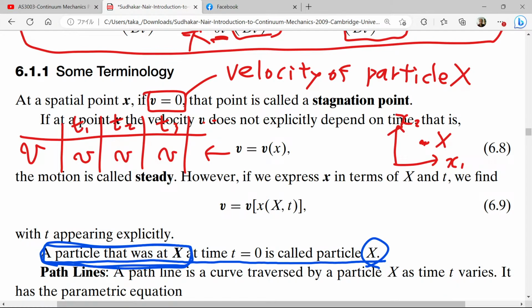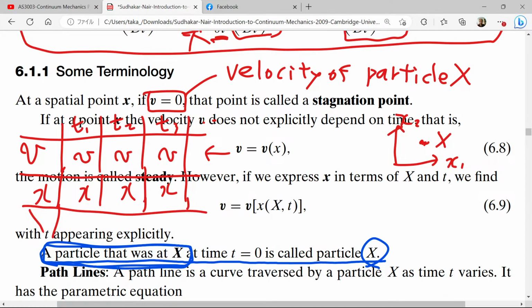And the spatial position is also the same. Same position, same position, same position. But the question is particle. Particle may be different, right? x1, x2, x3. That's why this is steady.